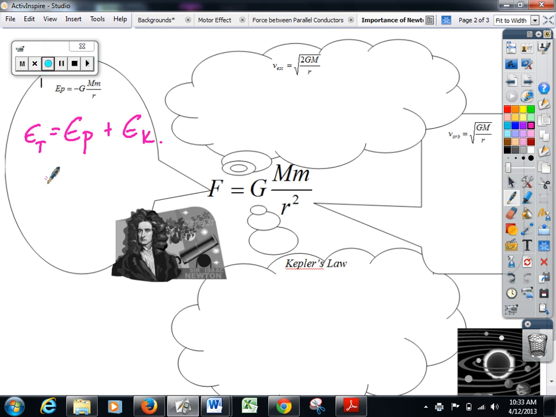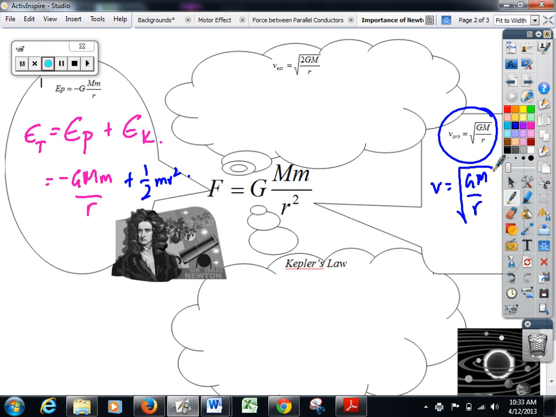So this would be minus GMm on r, and our kinetic energy would be a half mv squared. Now, if I'm in an orbit, then my v would equal the square root of GM on r, and that means my v squared would equal GM on r.